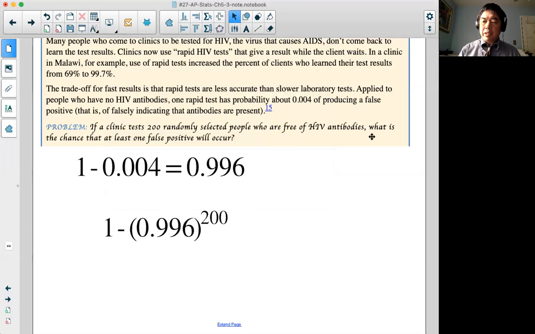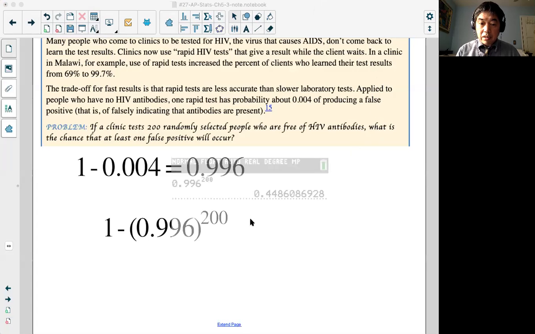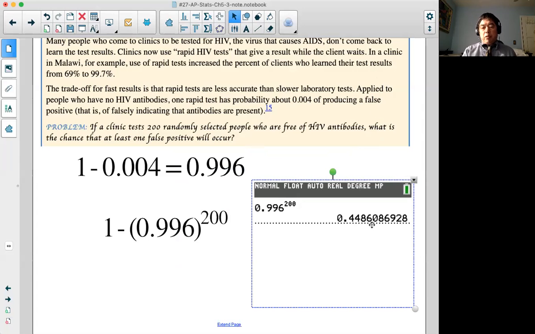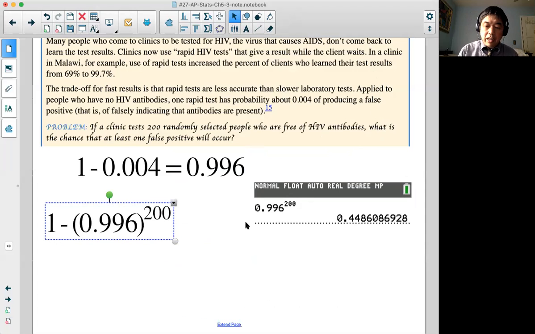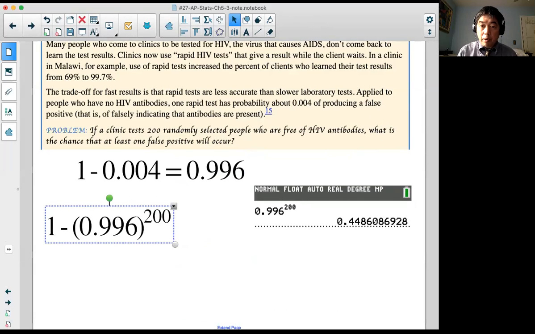So let me plug this into the calculator. 0.996 to the 200th power, which is this, 0.4488. Okay, so that is actually this number, so I have to make it 1 minus.